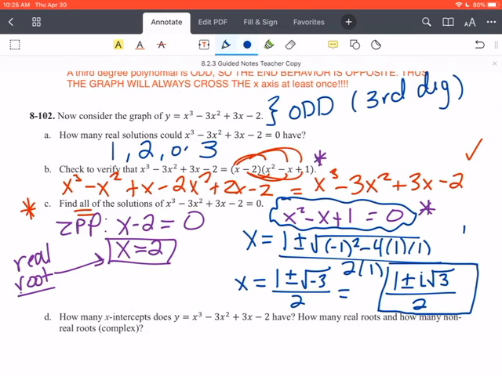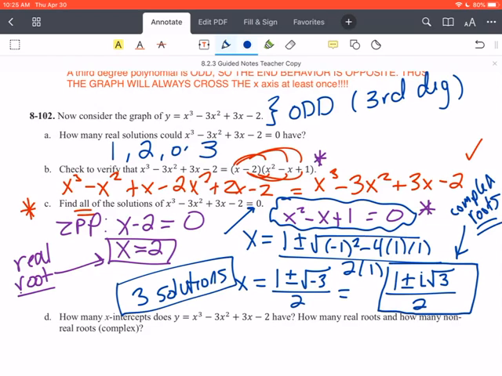Okay, so these are complex roots. So would those be seen on a graph, on a normal graph? No. Okay, so how many roots are there? There are 3 roots, 3 solutions. Those words can be used interchangeably when our equation is set equal to 0. So there are 3 solutions, 1 real solution, 2 complex.